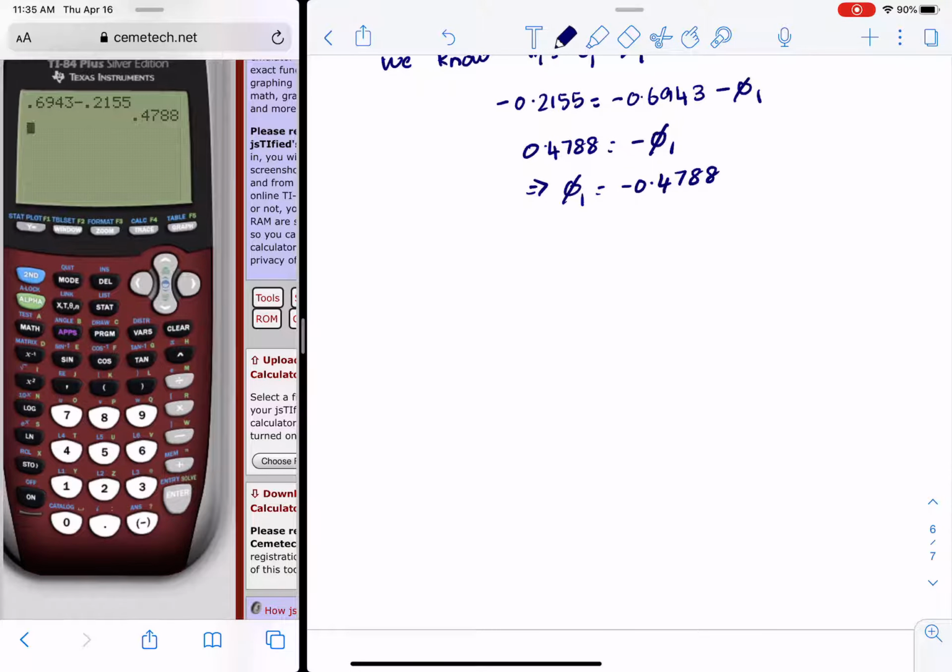So now we have to go back to our original model.